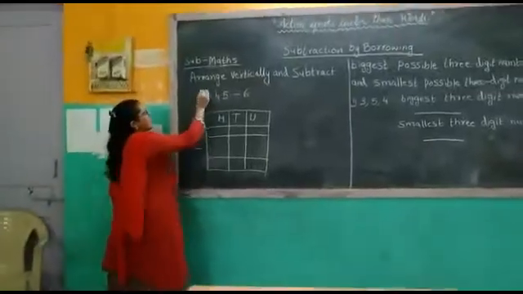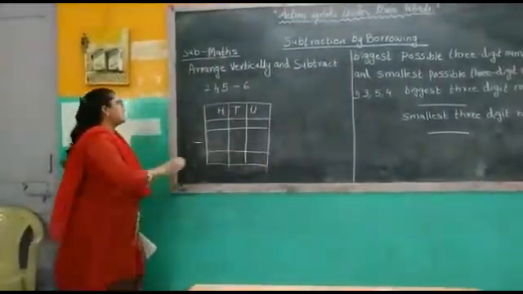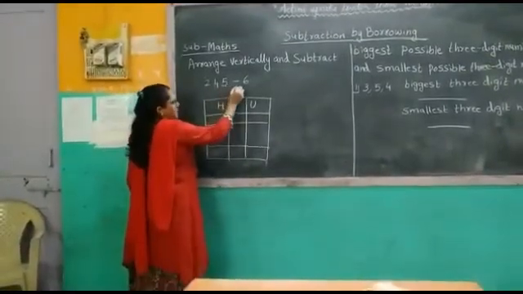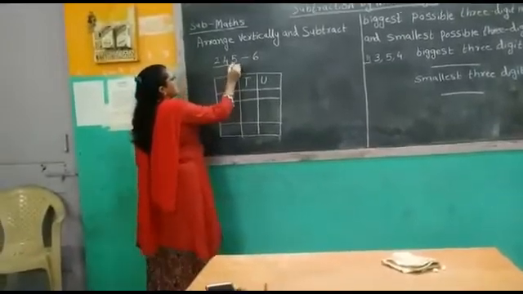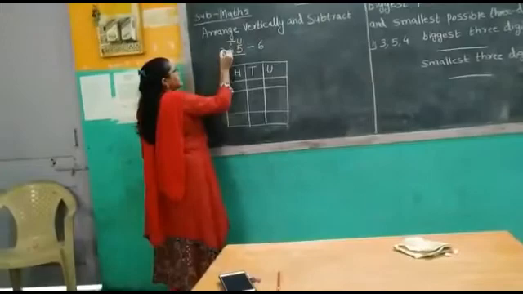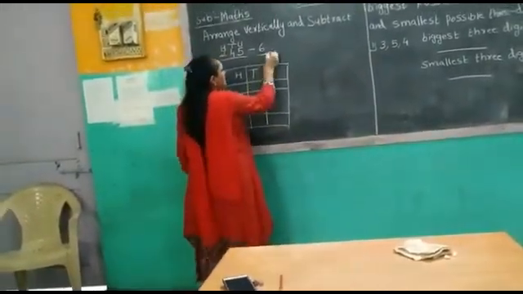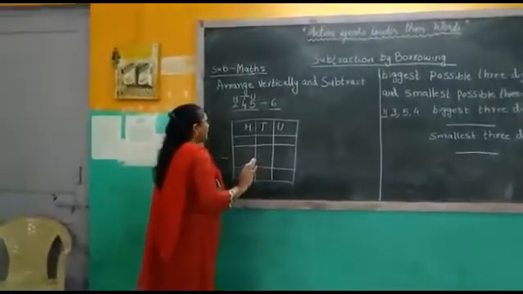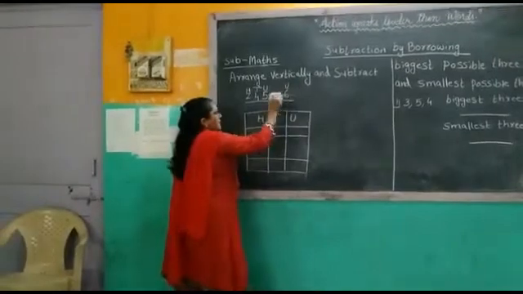Now children, we will arrange vertically and subtract. Now see the number 245 minus 6. So first we will take this number 5 in the unit place, 4 in the tens place and 2 in the 100 place. But in the other number only one number is there, so 6 in the unit place we will take.